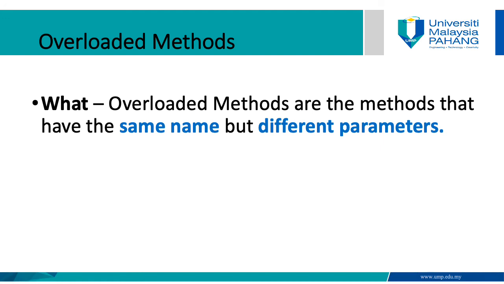Now moving on to overloaded methods. What is an overloaded method? You notice that a difference in the return type alone is not enough to overload methods. For example, the following declaration is invalid: public double convert(int number) or public float convert(int number). This is not valid.